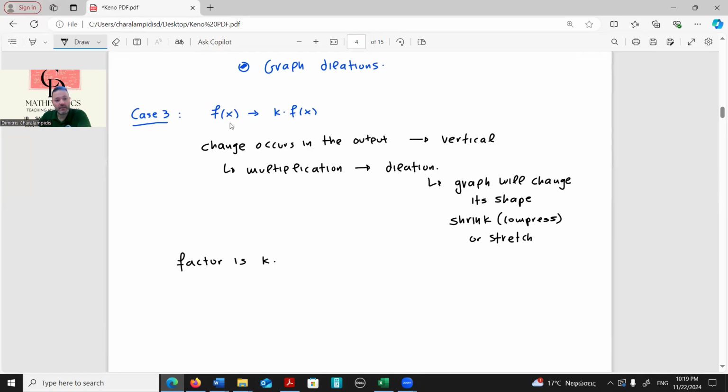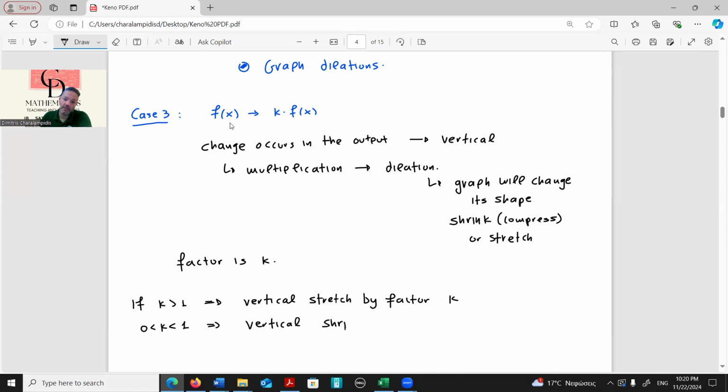More precisely, if k is greater than 1, we say that it's a vertical stretch by factor k. If k is greater than 0 but less than 1, we would describe that as a vertical shrink.